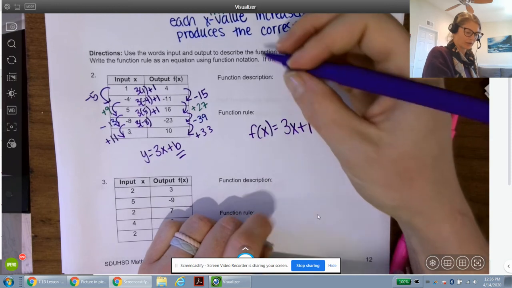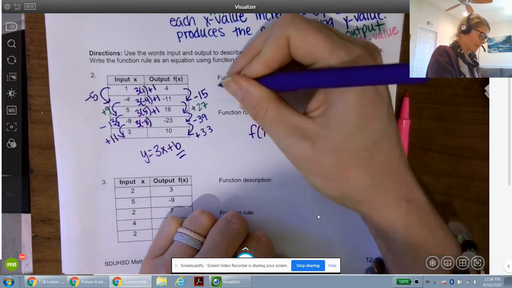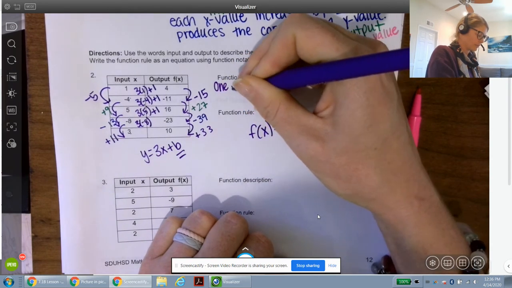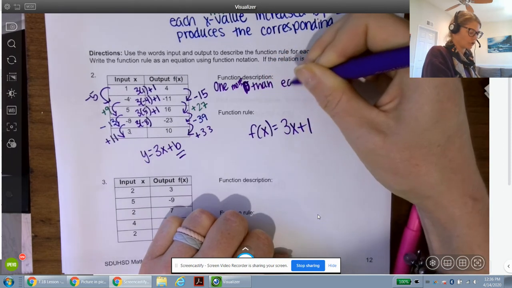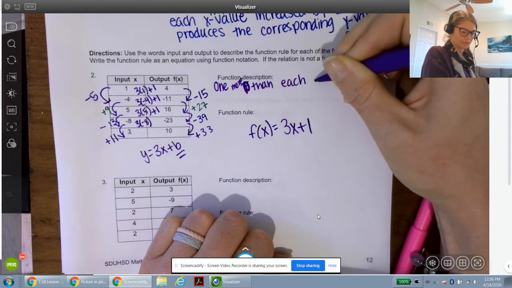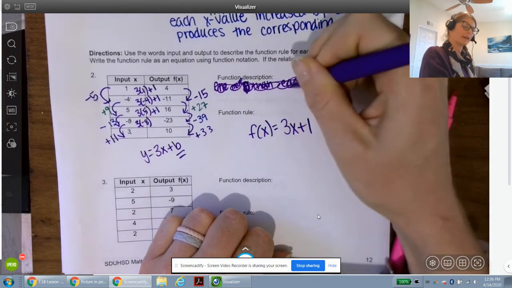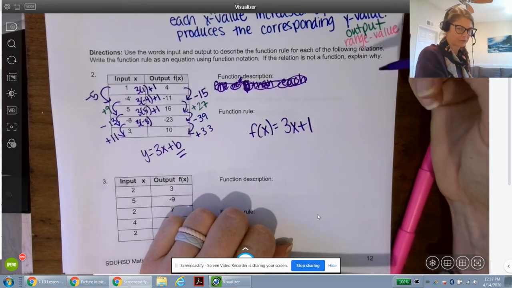And for your description, I would say 1 more than each. How do I say? I want to add 1 first. So usually if you have adding and multiplying, you talk about the adding first.